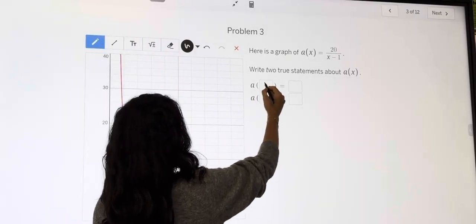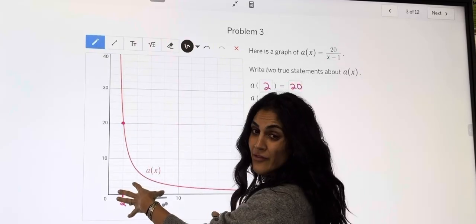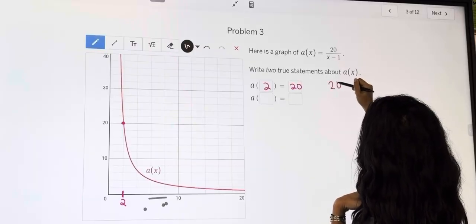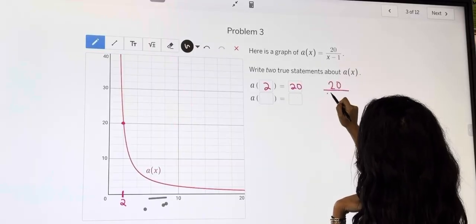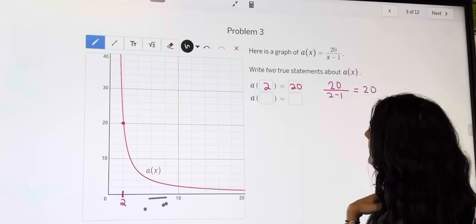So I could write A of 2 equals 20 just off of the graph. It's also true to just plug it in right here. 20 divided by 2 minus 1 is 20, all right?